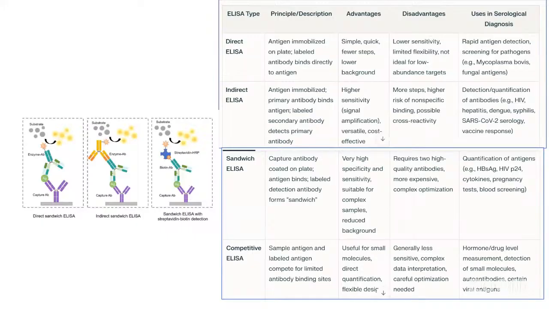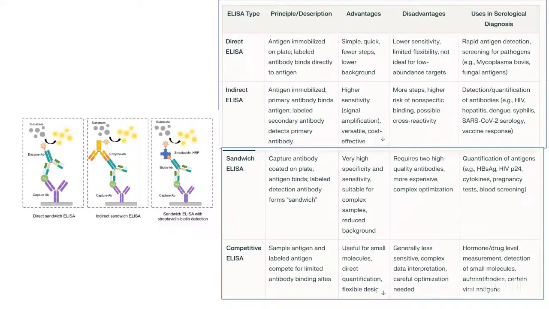The sandwich ELISA is like making a sandwich: the two bread pieces are your capture antibody, which is coated on the microtiter plate, and a detection antibody, a conjugate antibody with an enzyme, with the antigen in between. When you add a substrate, it breaks down and gives a color. So these are there with their advantages and disadvantages.